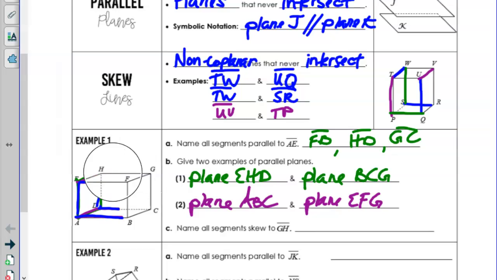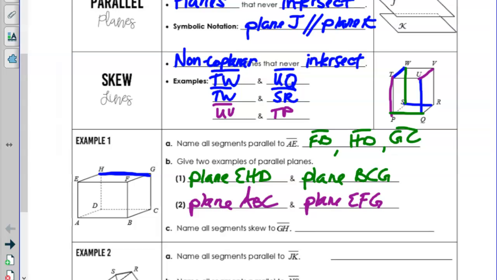Alright, now we're going to name all segments skew to GH. Somebody give me 1. You can read it, Nathan. You have it right in front of you. What is skew?